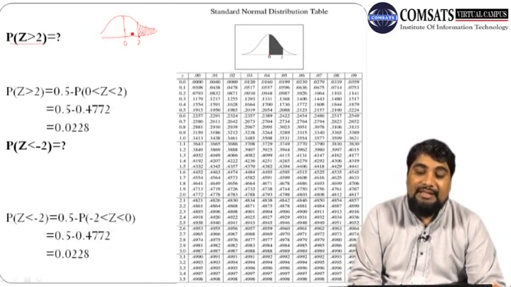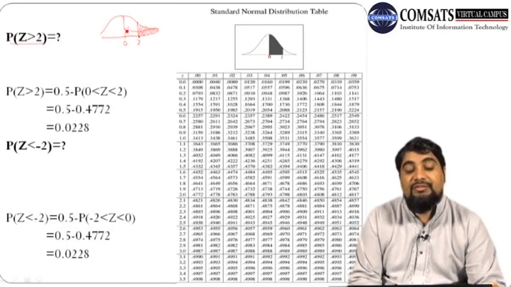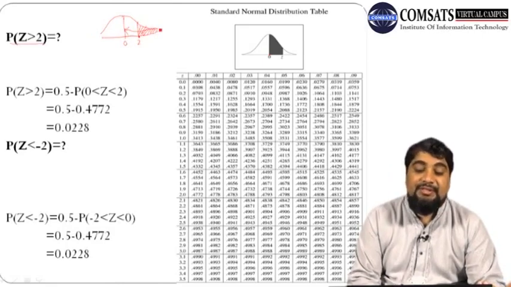We know that the normal distribution is symmetric, so the full area from 0 to plus infinity is 50%.